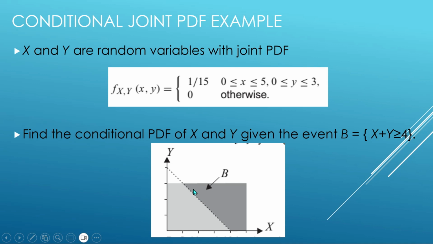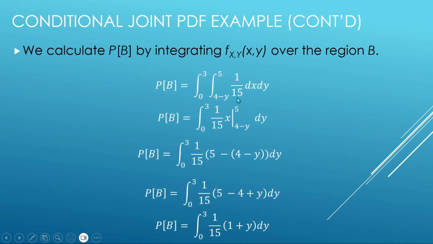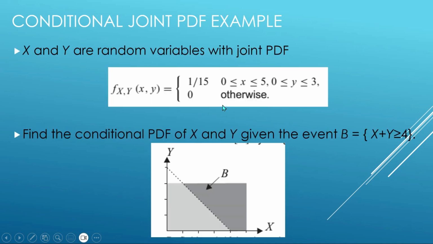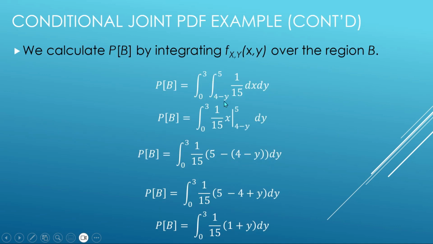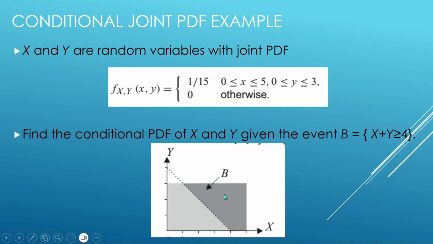But the value of x is 4 minus y to 5. So, for example, if the value of y is equal to 0, then we get the lower limit 4, which is this one. If we take the value of y equal to 1, then 4 minus 1 is equal to 3, which is this one.